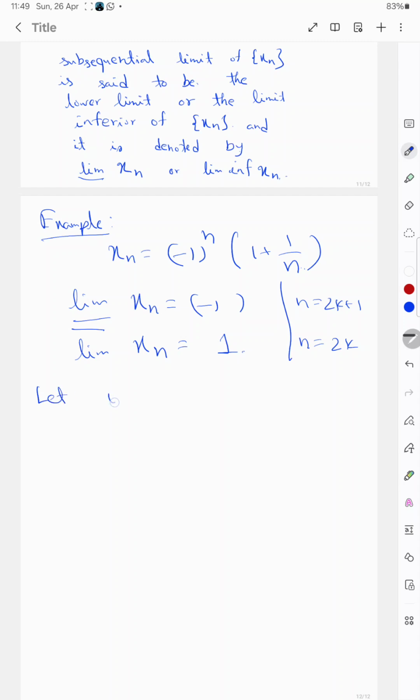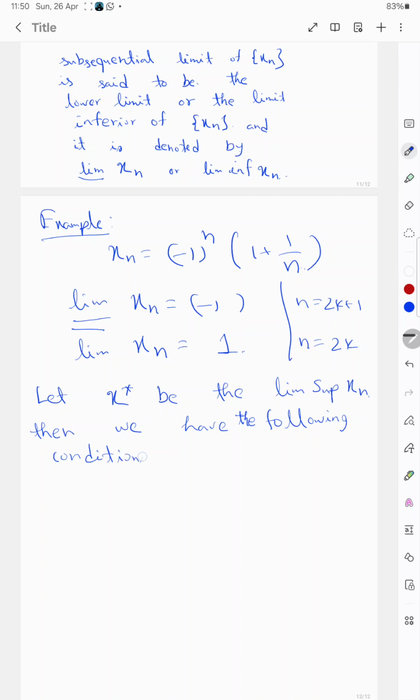So let x star be the limit superior of xn, then two conditions are satisfied.